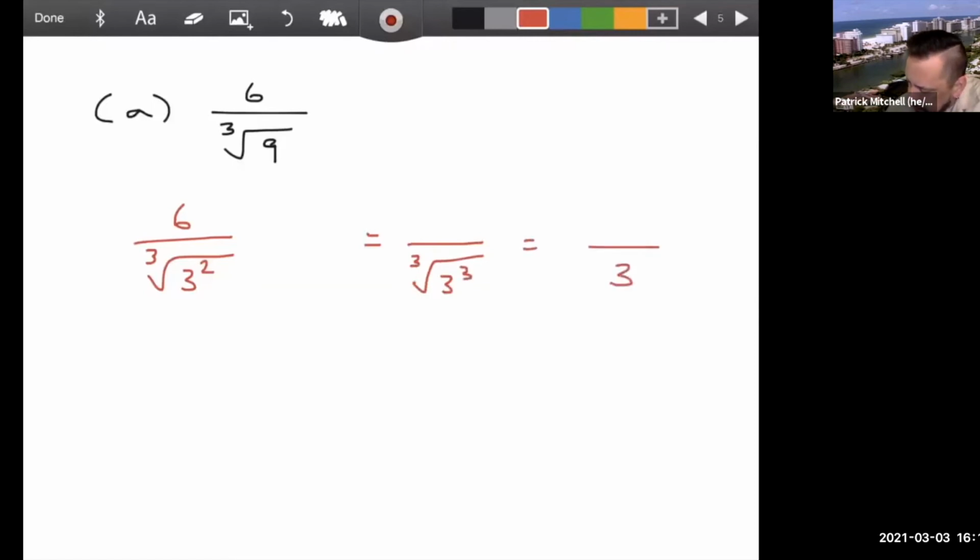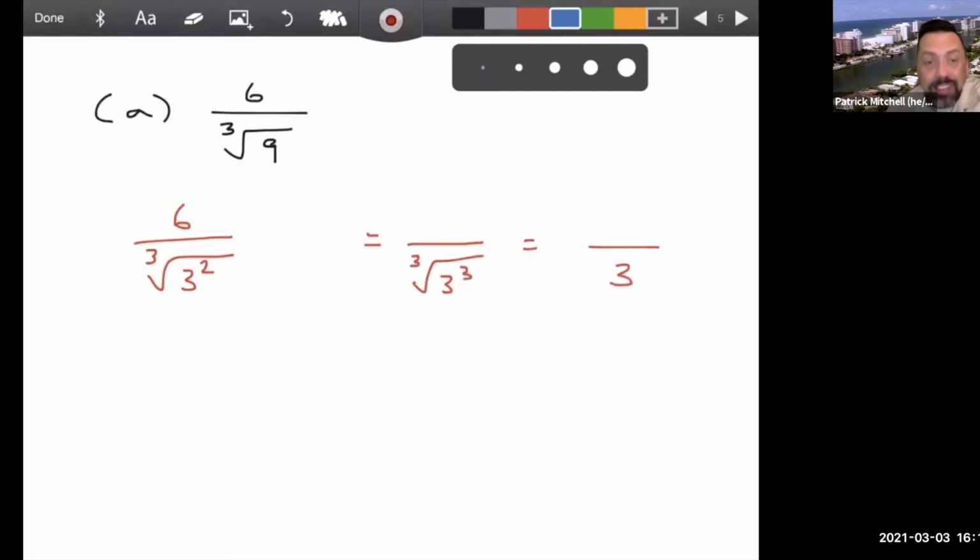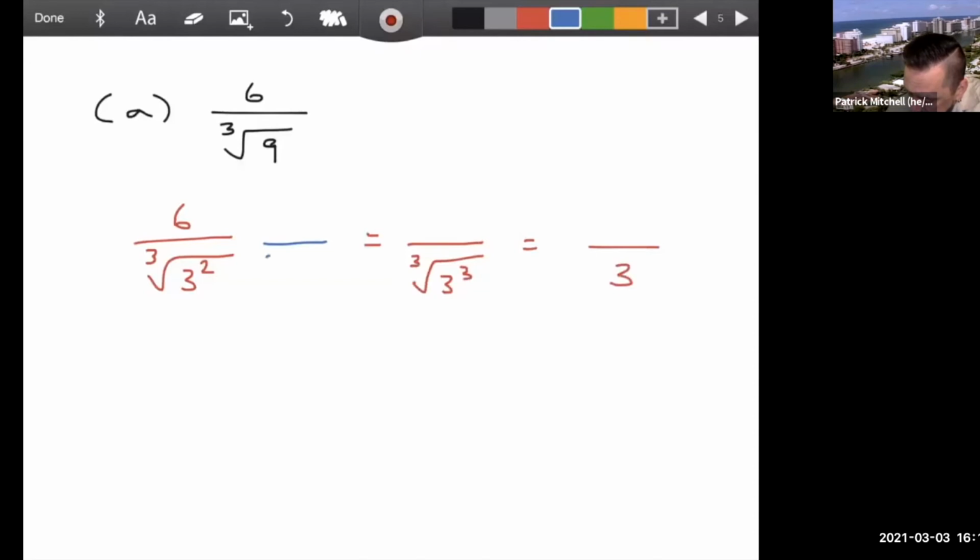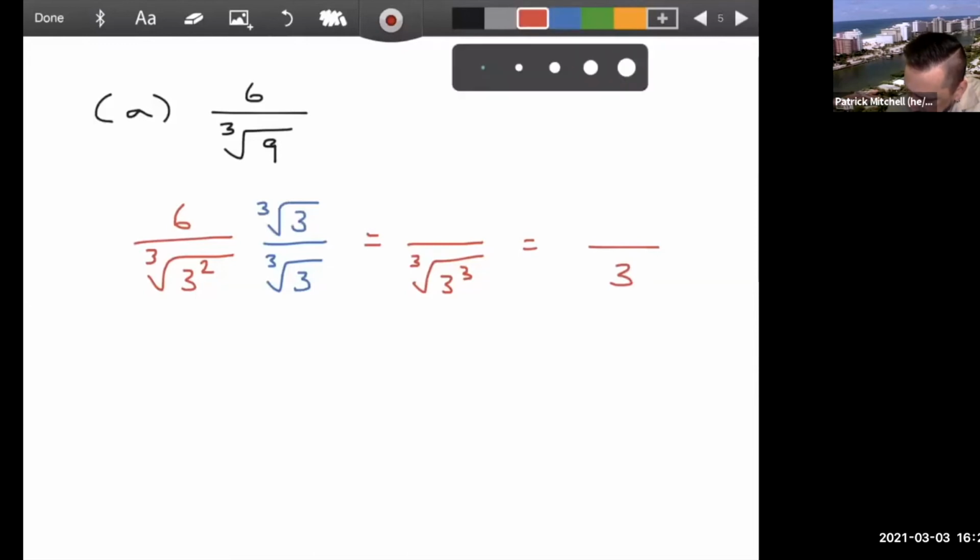So in this case, since I already have 3 squared, what I need is another 3, because 3 squared times 3 is 3 cubed. And whatever you do to the bottom, you have to do to the top. So that is going to give me 6 times the cube root of 3.